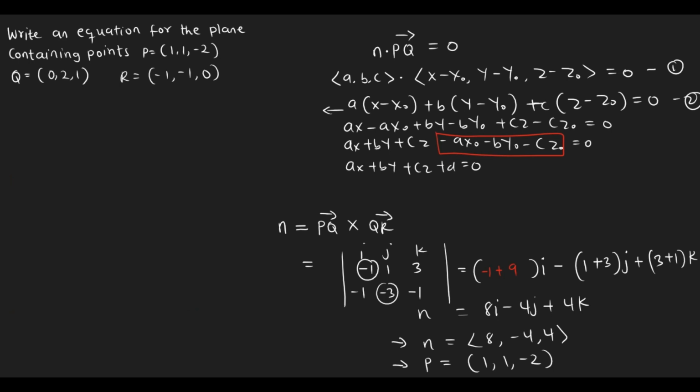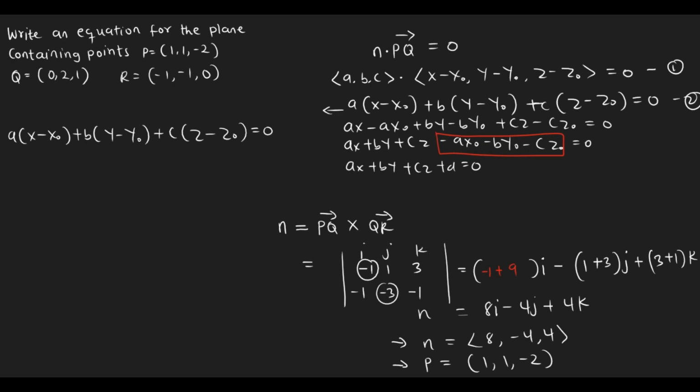Okay, so let's continue from equation 2. From equation 2, we have a multiplying x minus x naught, plus b multiplying y minus y naught, plus c multiplying z minus z naught equals 0. Okay, this is what you have now, which is the scalar equation of a plane.